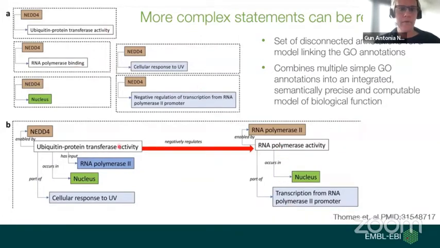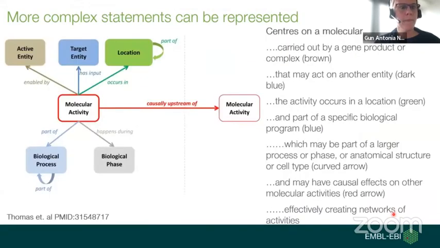And this figure was taken from this paper here. So you can represent more complex statements. Whereas in the traditional GO annotation, you have an active entity, a gene that you annotate to a term, here you start with an activity which is enabled by certain gene products. So it centers in a different way.